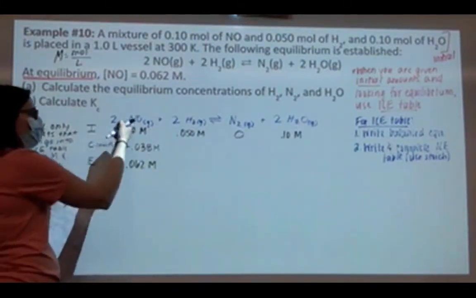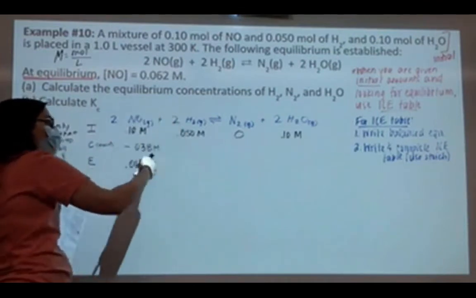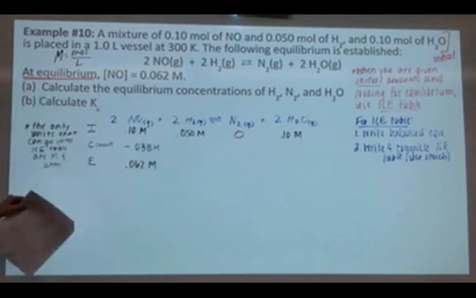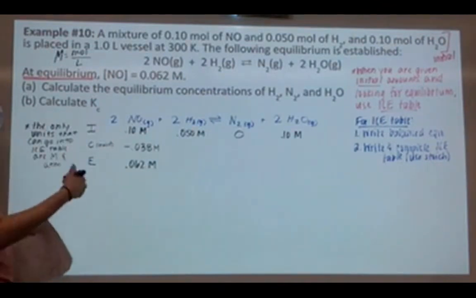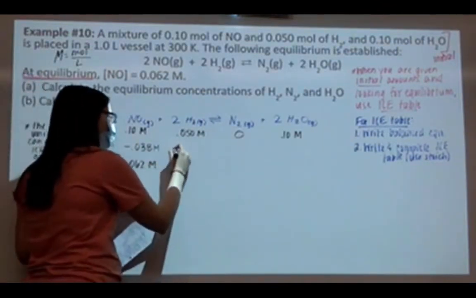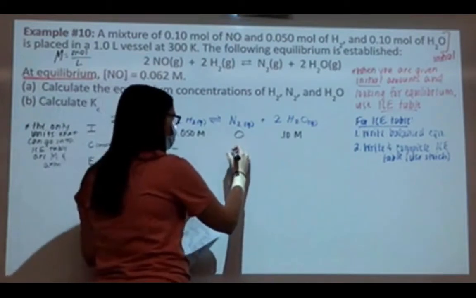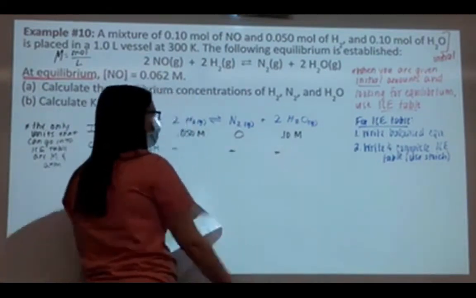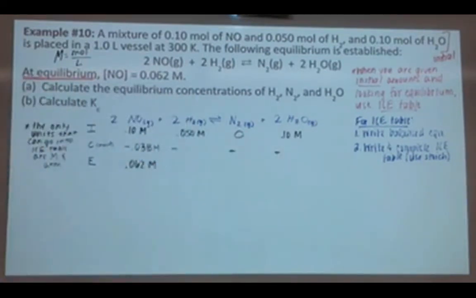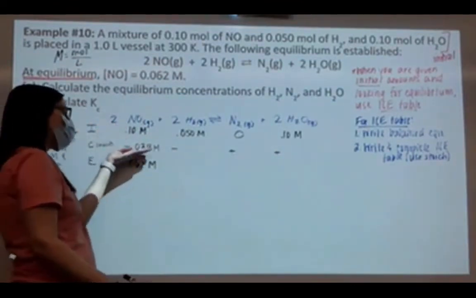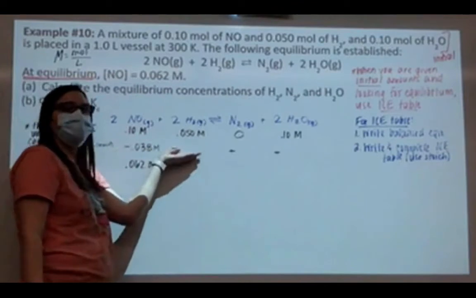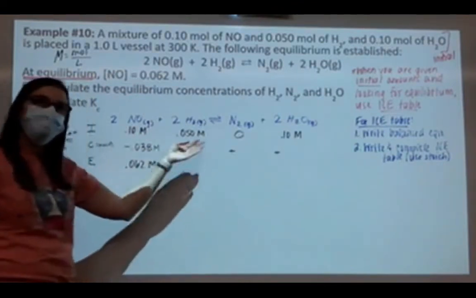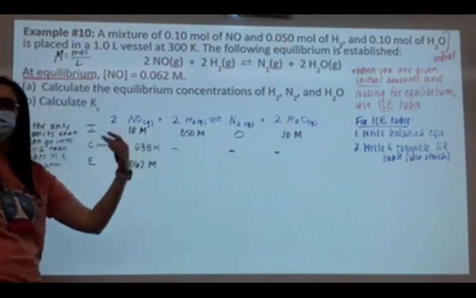Because I'm using up NO, that means that NO and H2 are acting as the reactants. So I'm going to put a minus for H2 and a plus for N2 and H2O. Since I'm using up NO, I'm also going to be using up H2. And across the arrow, that's what I'm going to be forming.